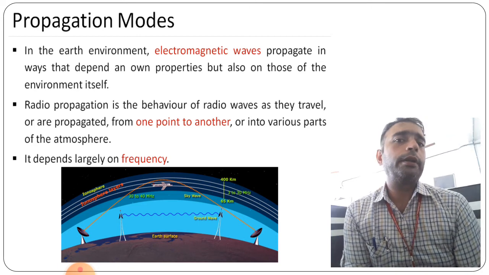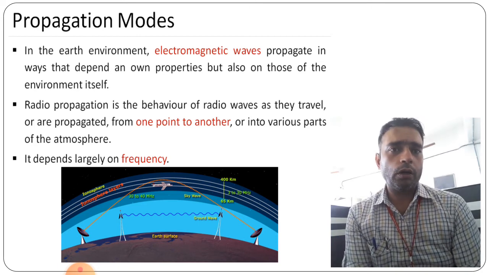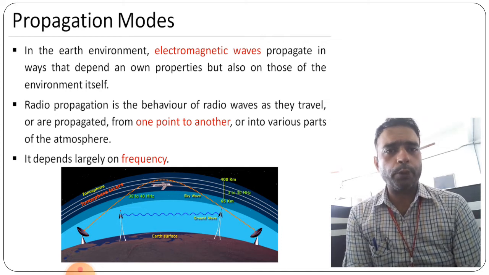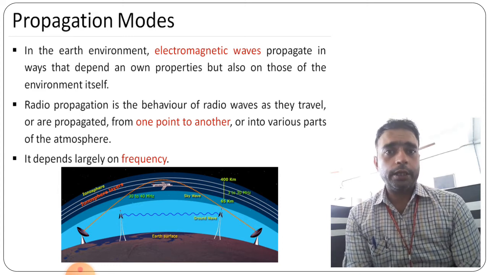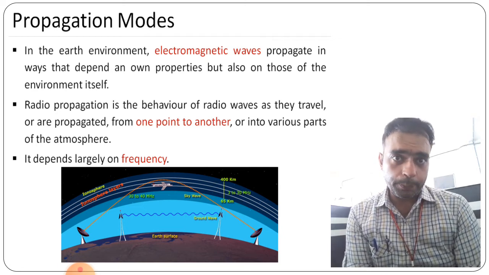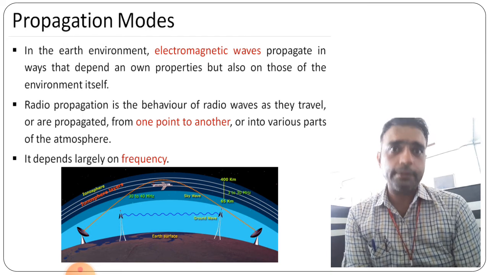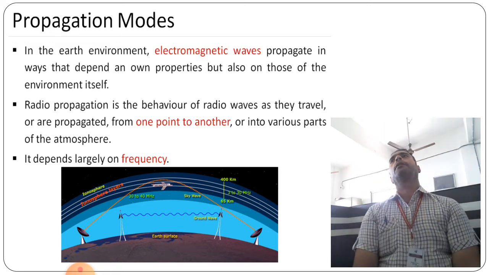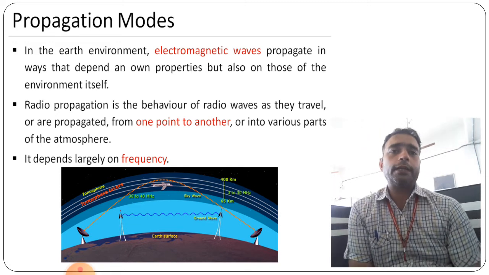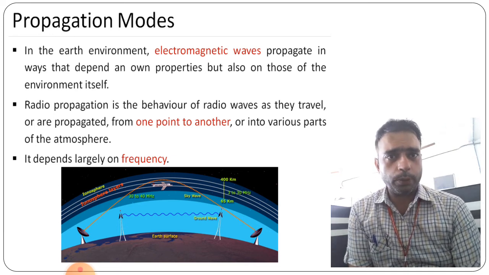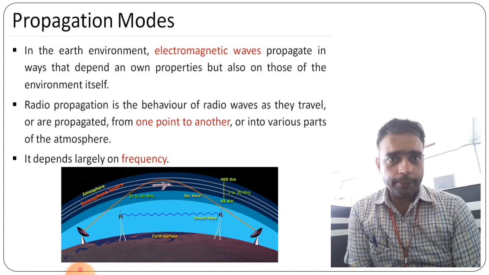Radio propagation is the behavior of radio waves as they travel or are propagated from one point to another or into various parts of the atmosphere. It depends largely on the frequency.